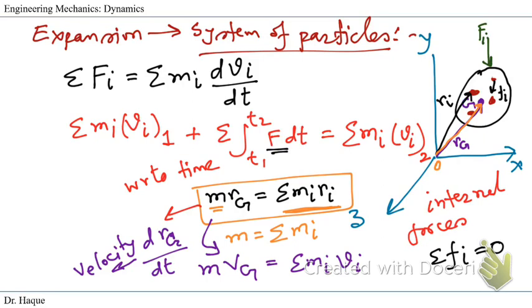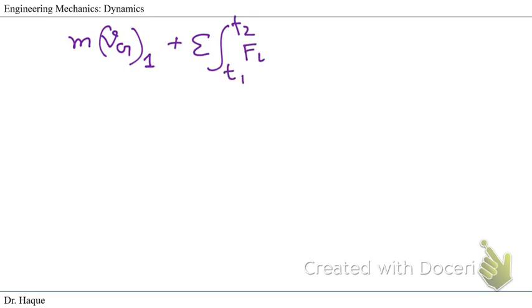Once we have that, we can rewrite the principle of linear impulse and momentum for the system of particles as: the total mass of the entire body multiplied by the velocity of the entire body, v_G, which is the initial condition at 1 before applying the impulse, plus the impulse from t1 to t2 of the external forces F_i dt, equals the total mass times the final body velocity v_G at 2.